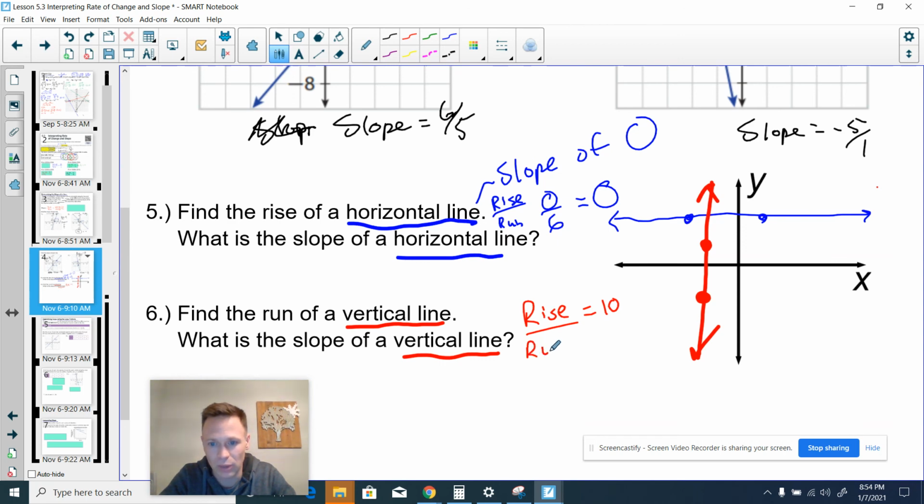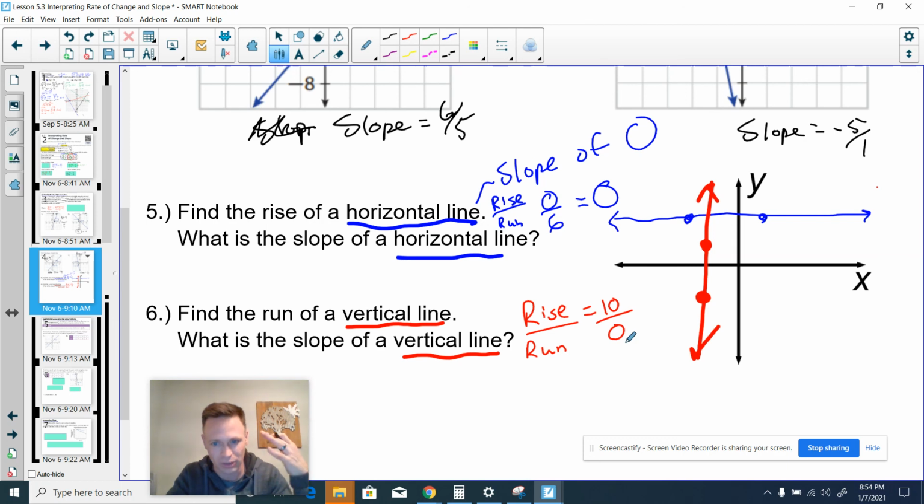My run on any vertical line, I cannot go left or right. It's 0. Now, here's the thing. If you take your calculator and take any number and divide it by 0, you're going to get an error message, because what you're asking is, how much does this nothing, this 0, go into 10? And the answer is you can't answer that question. You can't tell me how many times nothing goes into something.